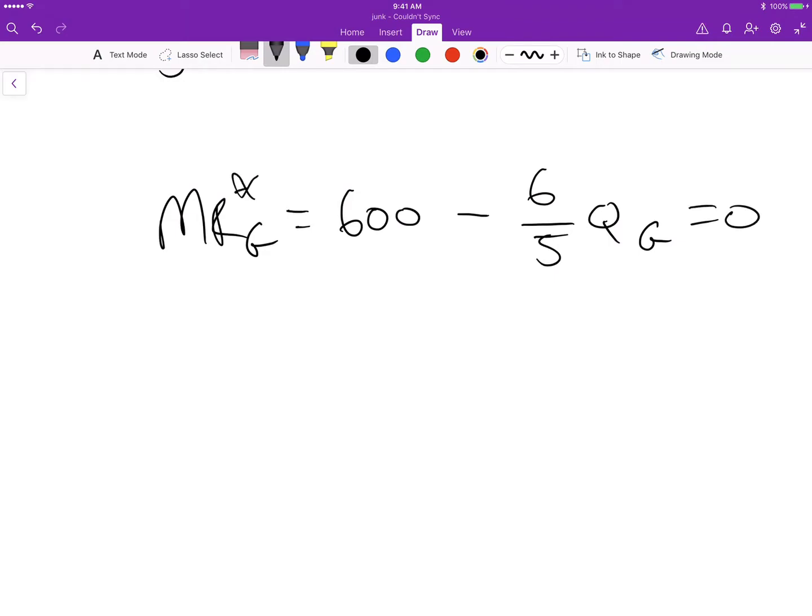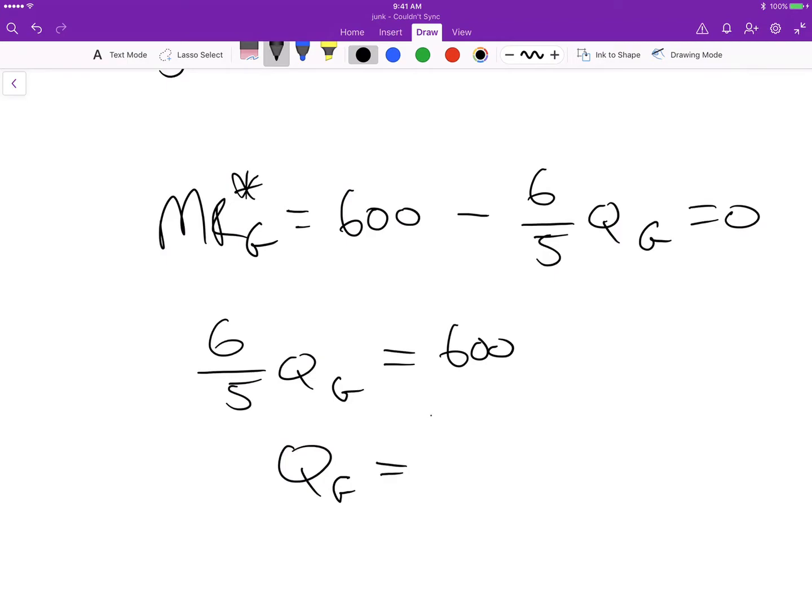So let's find the QG that makes it happen. Let's bring 6/5 QG to one side equals 600 on the other. QG then is going to be equal to 600 divided by 6 times 5, equal to 500.